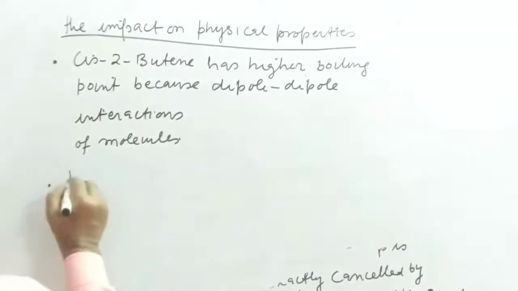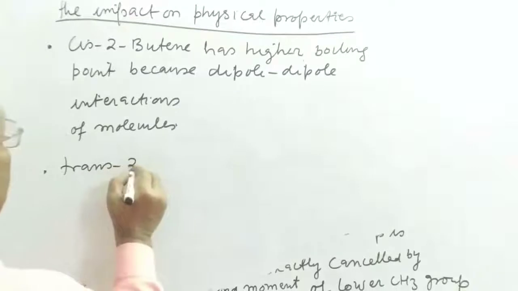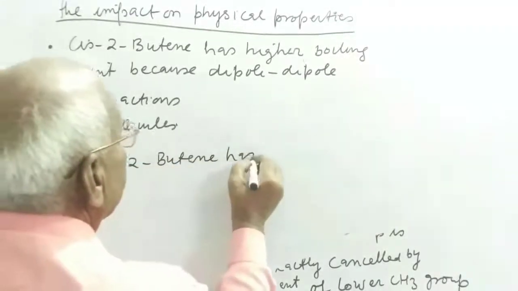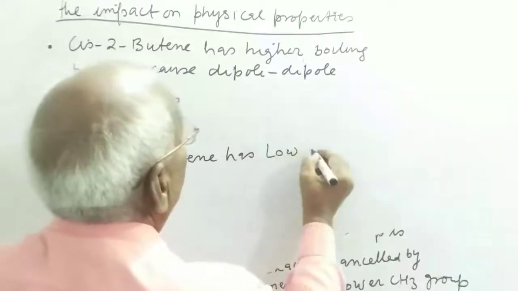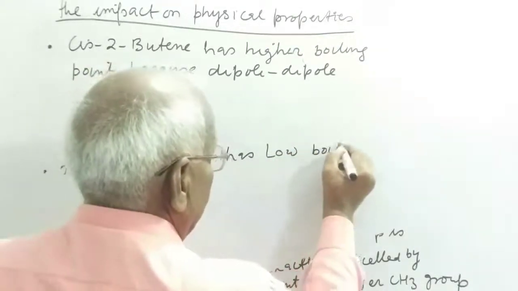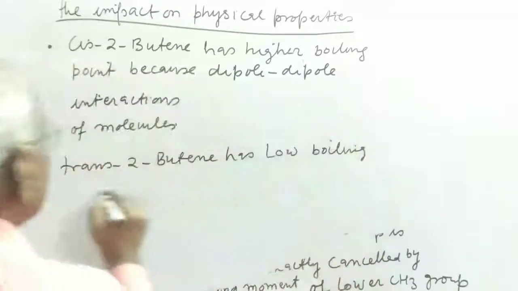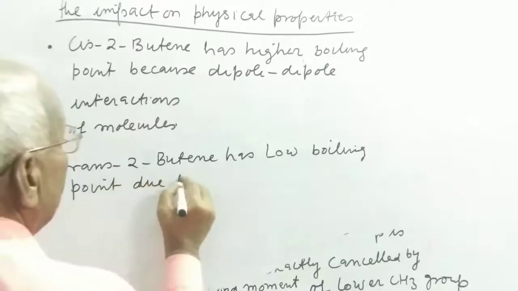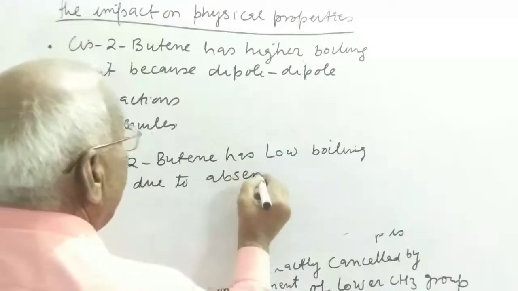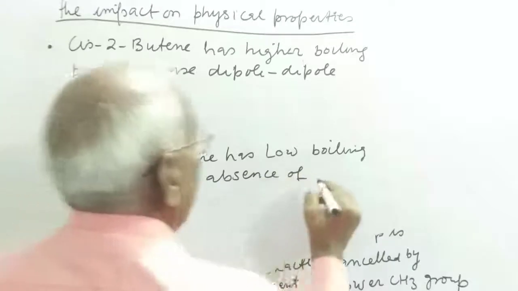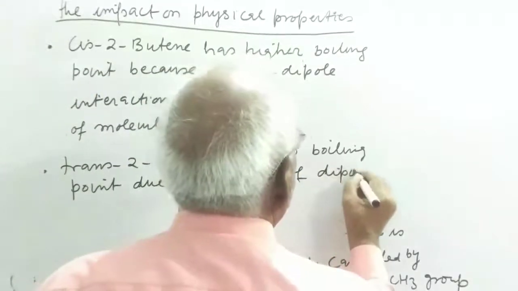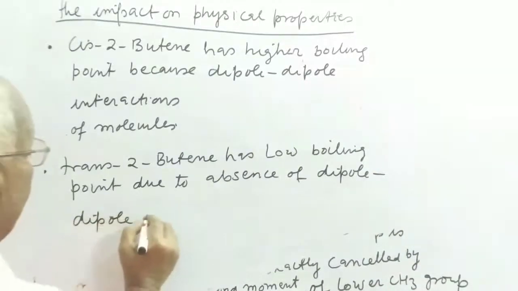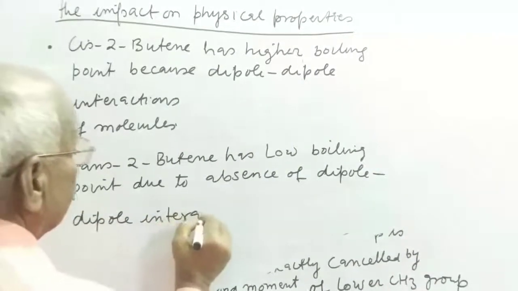So trans-2-butene has low boiling point due to absence of dipole interactions.